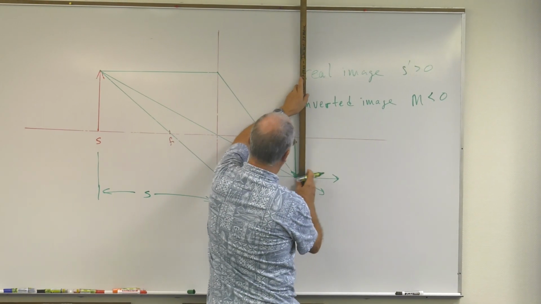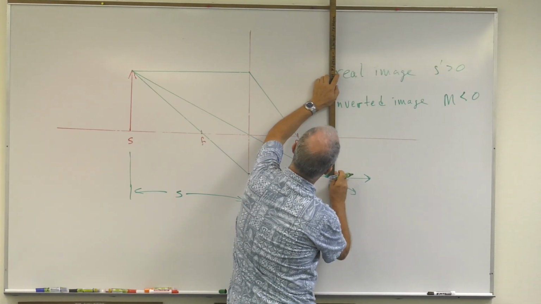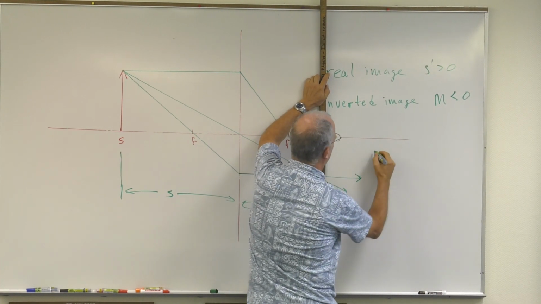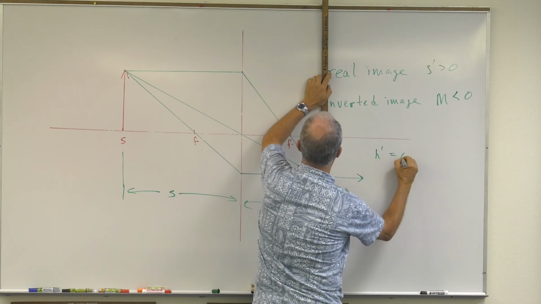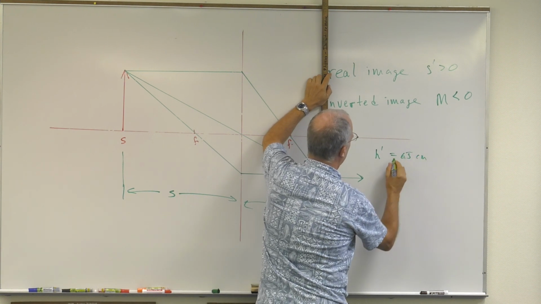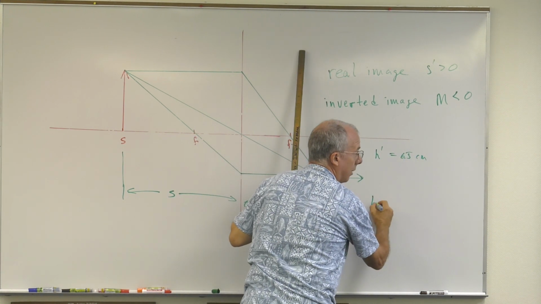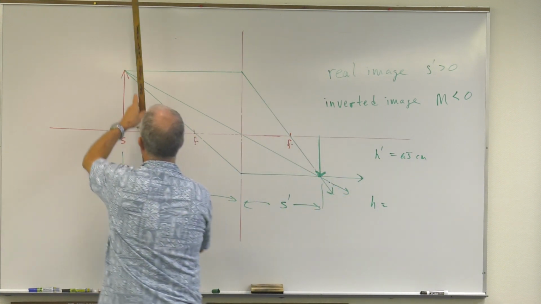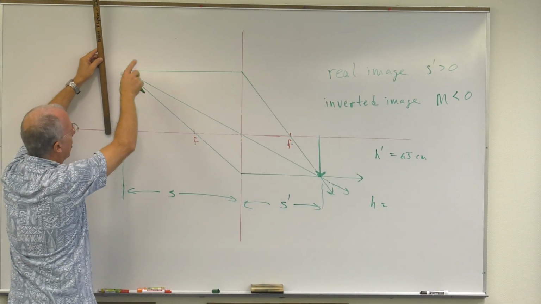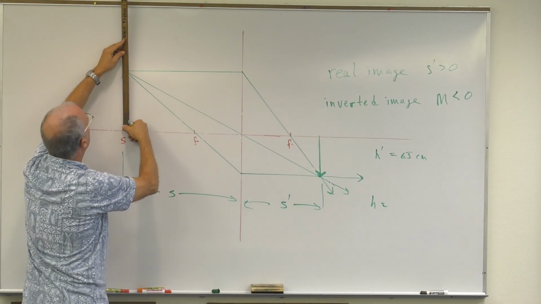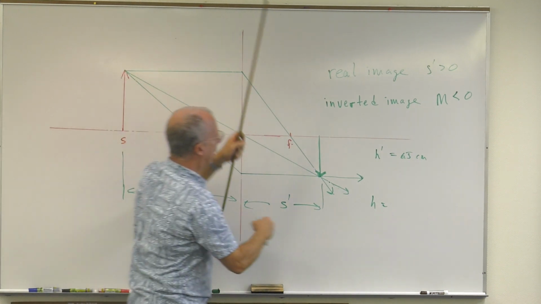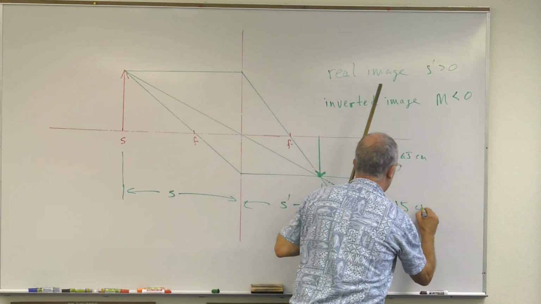So H prime is about 6.5, whatever. I'll just say 6.5 centimeters. And then H, and again, you just draw this initially. You don't care, you just draw it. It's like 15 centimeters.